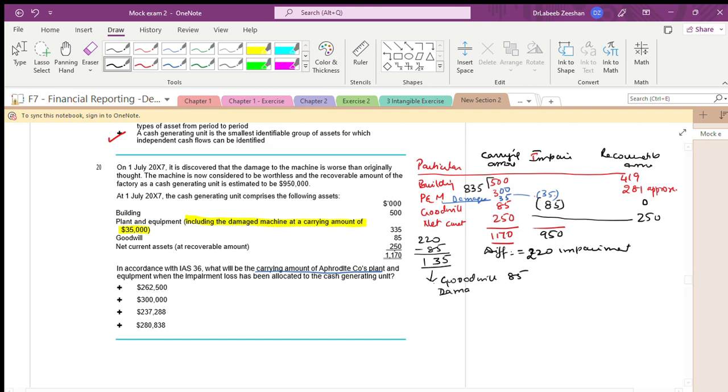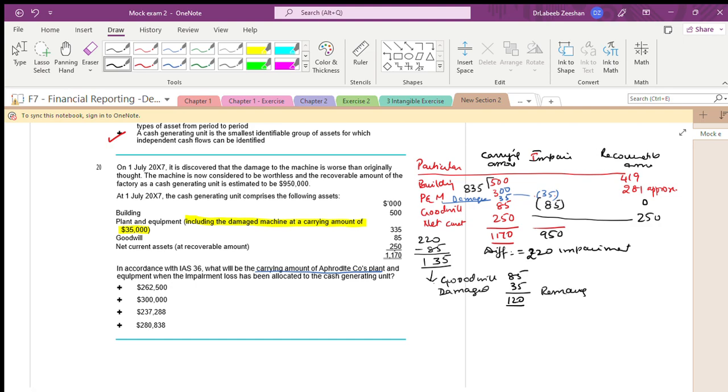Damage carrying amount is 35. It comes to 120. Now the remaining is how much?